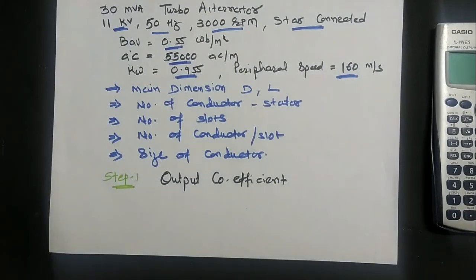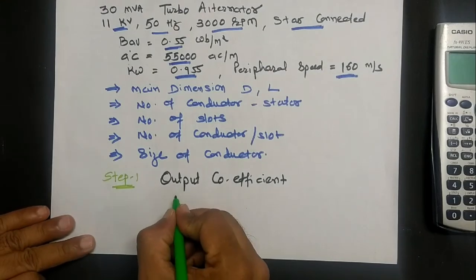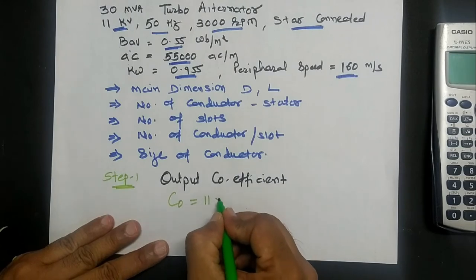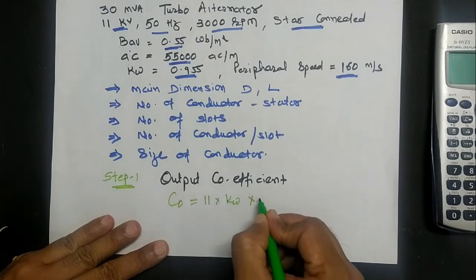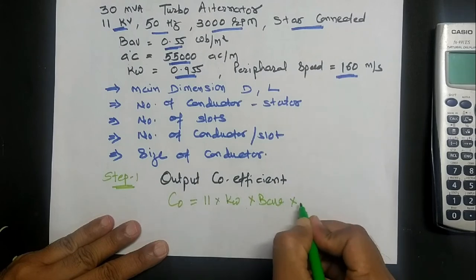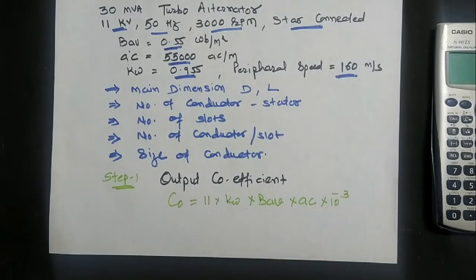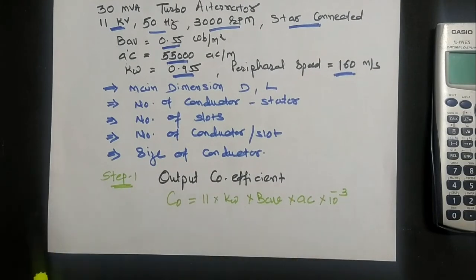We have our equation for output coefficient, that is CO, that is 11 multiplied by KW multiplied by BAV multiplied by AC and multiplied by 10 raised to minus 3. We have two equations. Either we can take 11 multiplied by all these values, or we can take 1.11 multiplied by pi square and then these remaining values. So in this example, both are same, so any value can be taken.